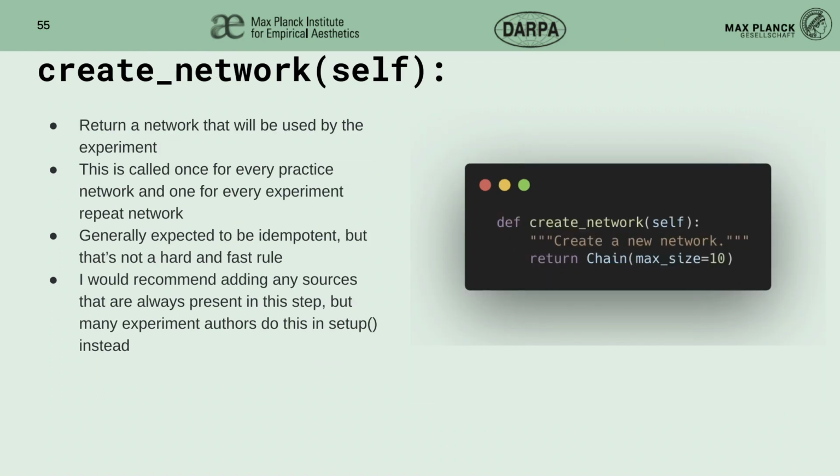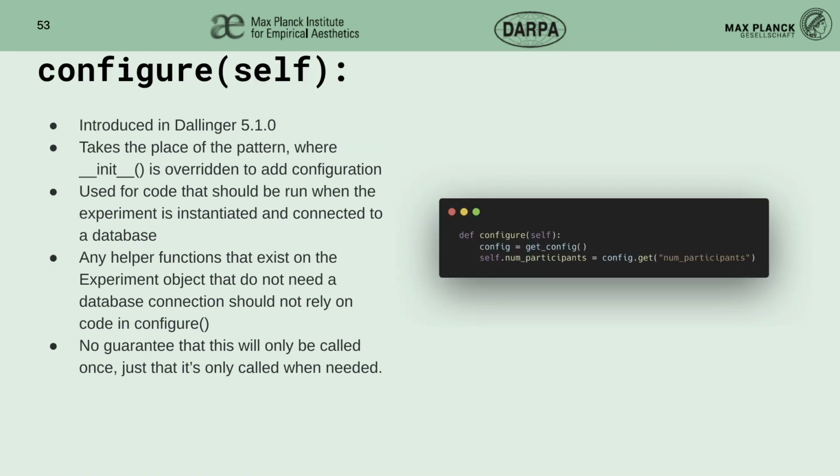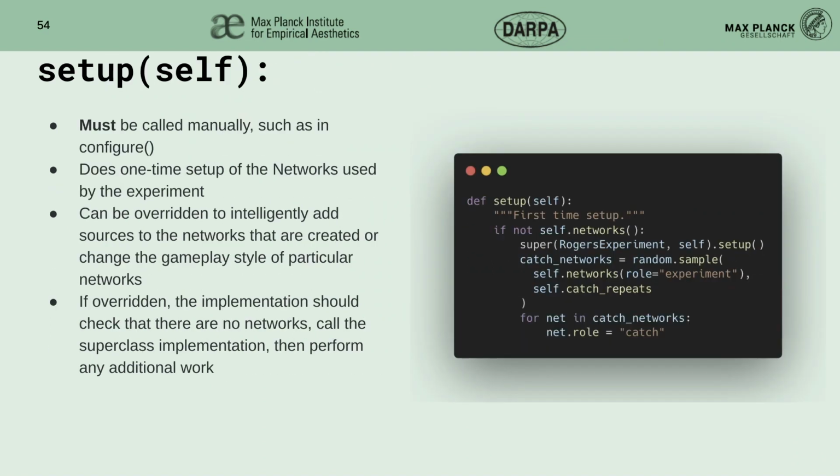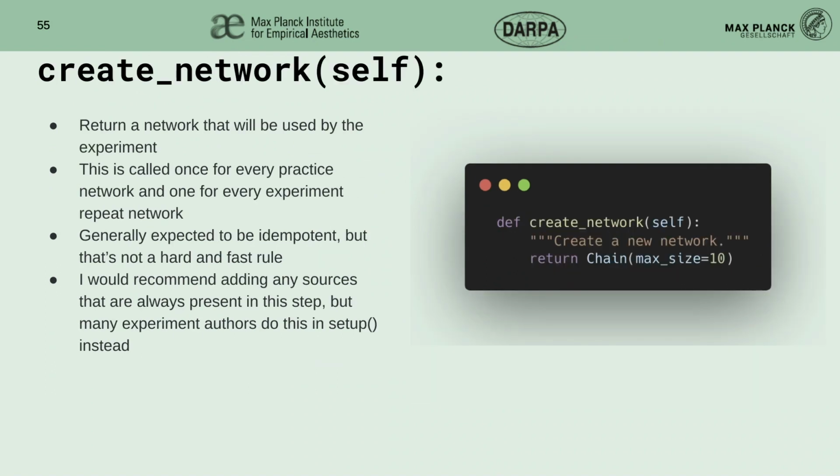I should just emphasize, these are functions that you can choose to define on your experiment class if you want to. You do not have to define either of these if you don't need them. But almost every experiment will define create network, because create network is what decides what the network is going to be.